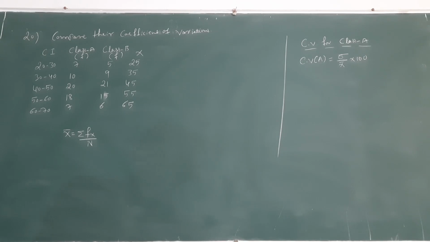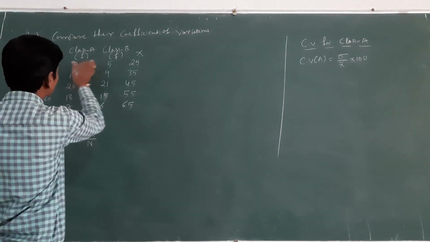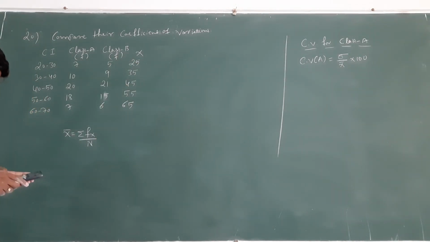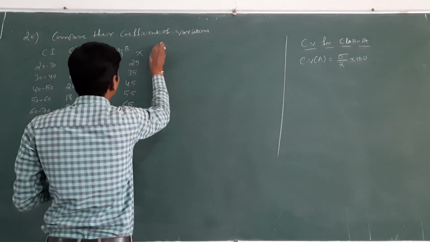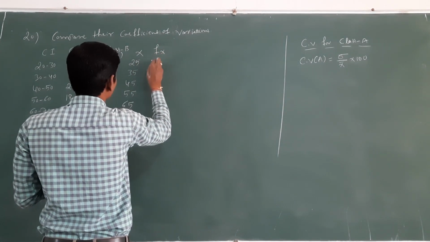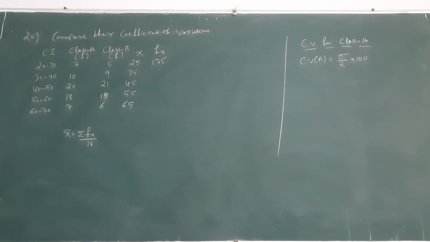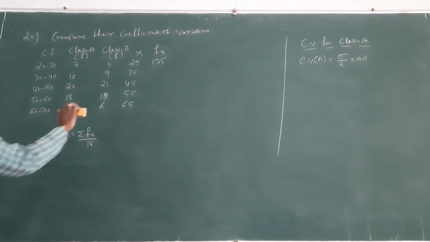Here you have to multiply the frequency, that is class A frequency, and the x value.